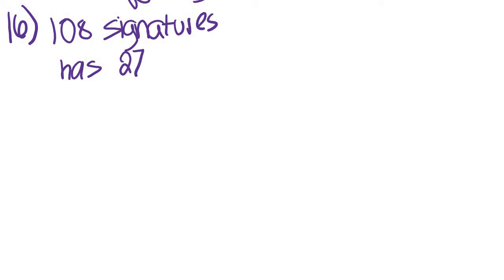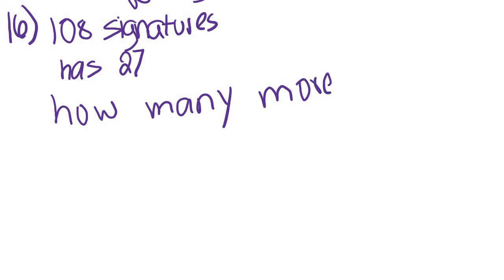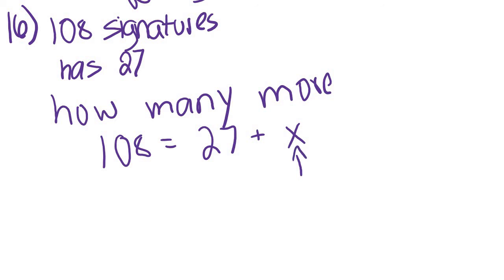Not looking very good. Write and solve an equation to determine how many more signatures she needs. So, well, it's going to be, she wants her total to be the 27 signatures she has, and x being the number of signatures that she still needs to get.